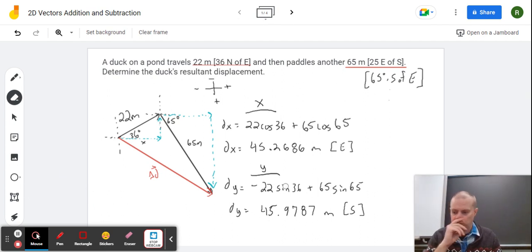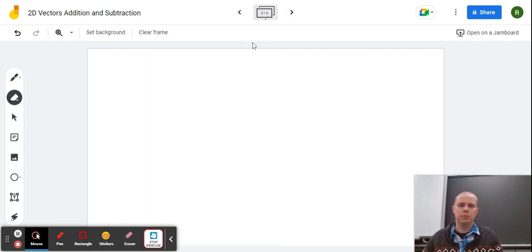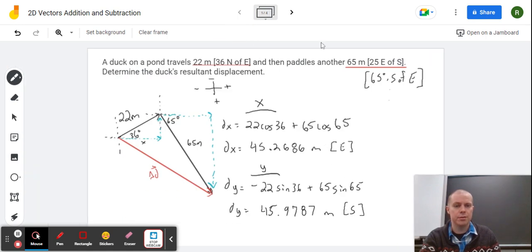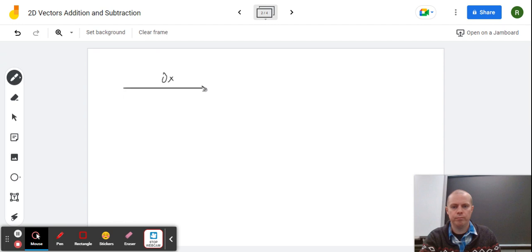So we've got 2 numbers, right? So we're going to be making a new triangle. I always like to start with the horizontal line first. My dx, and then my dy was headed south.